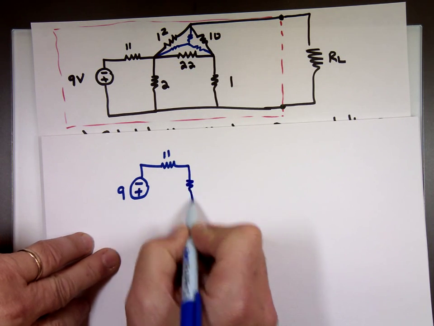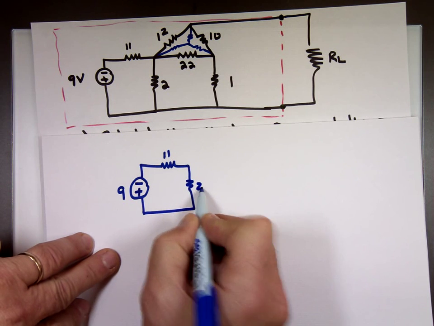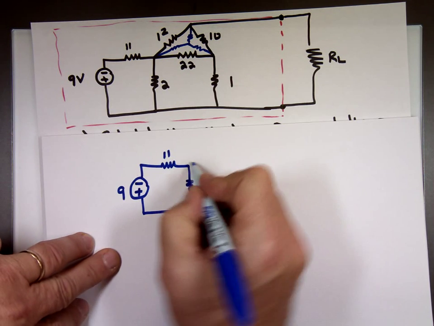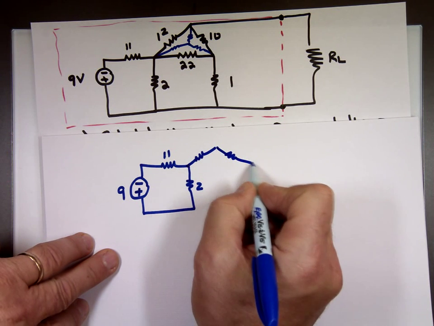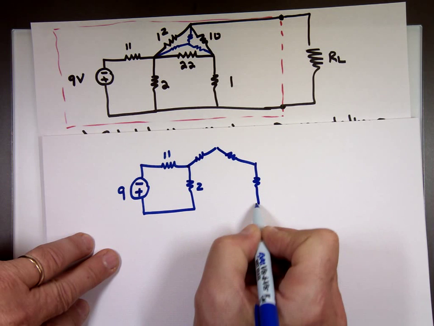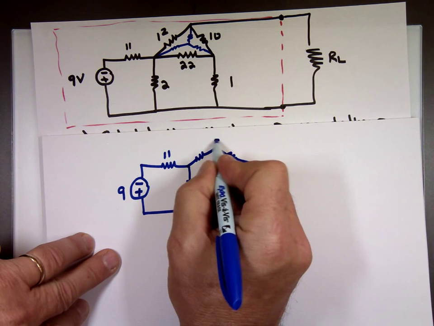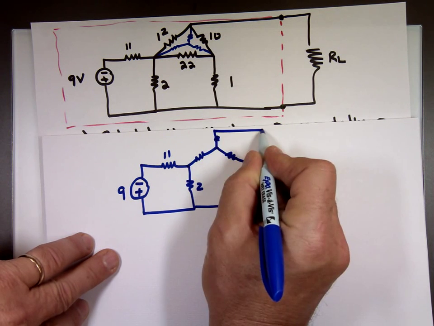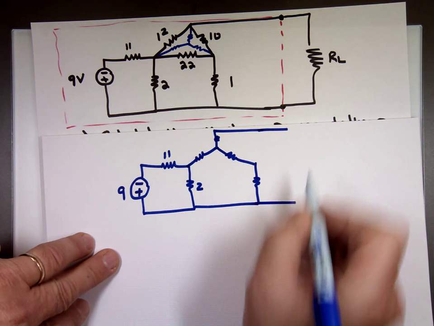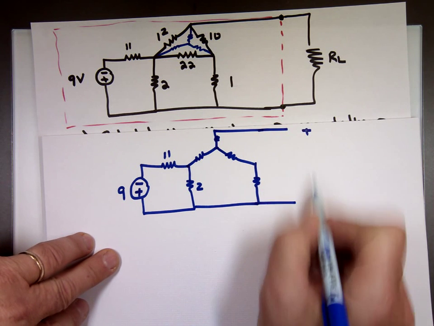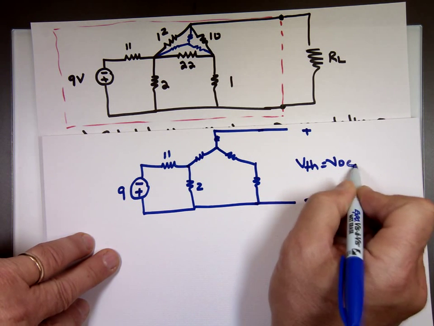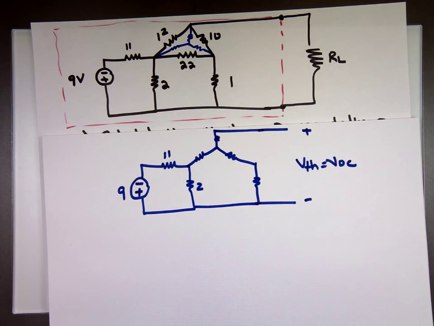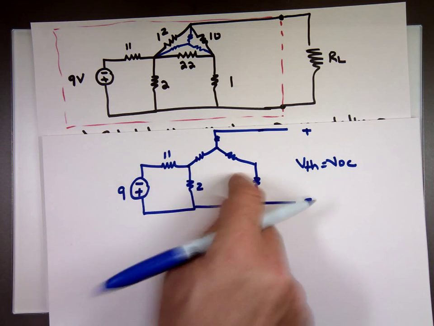This is the 2. Now watch what's going to happen. This is going to look like this. And this will be V Thevenin, which is V open circuit. And the question, what are the values for these?